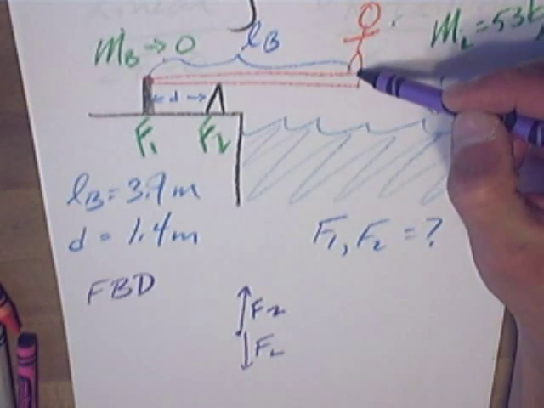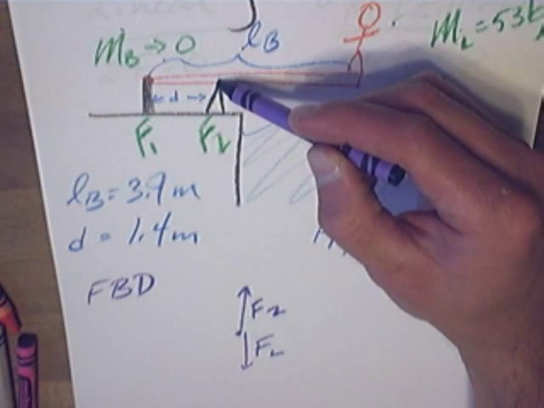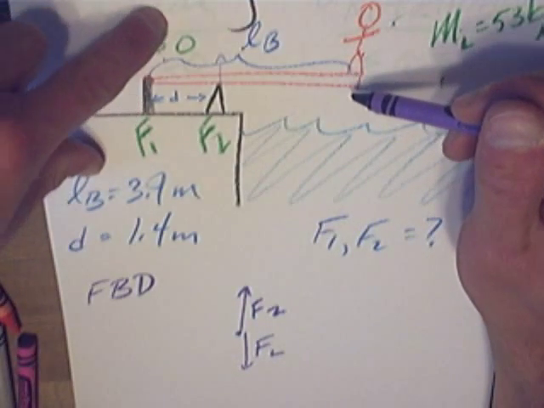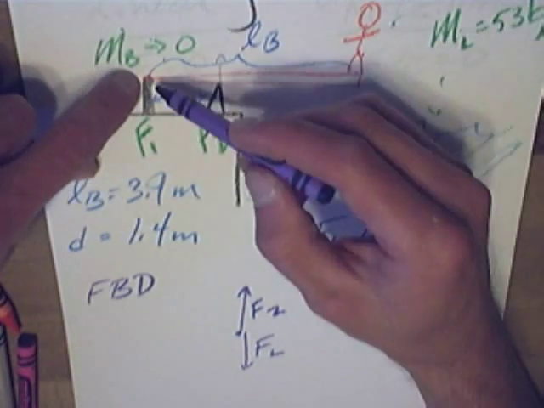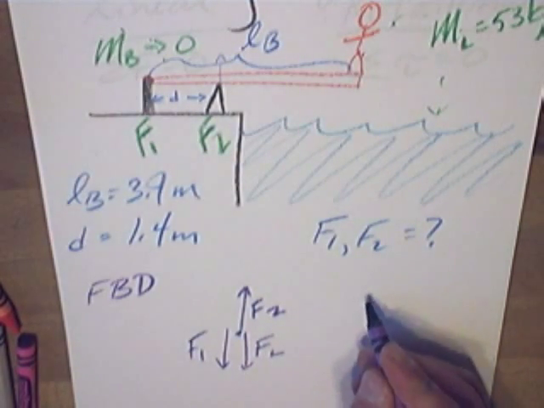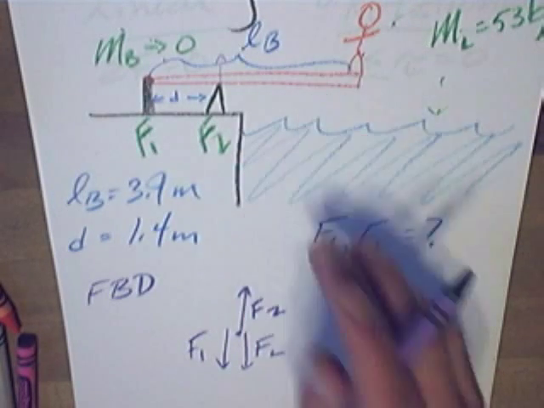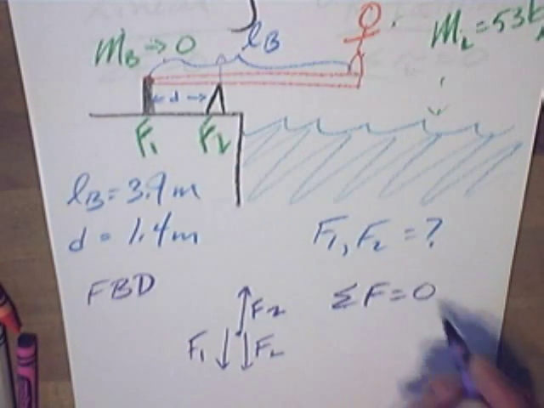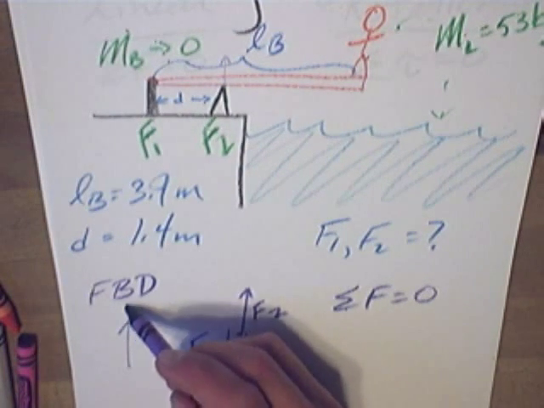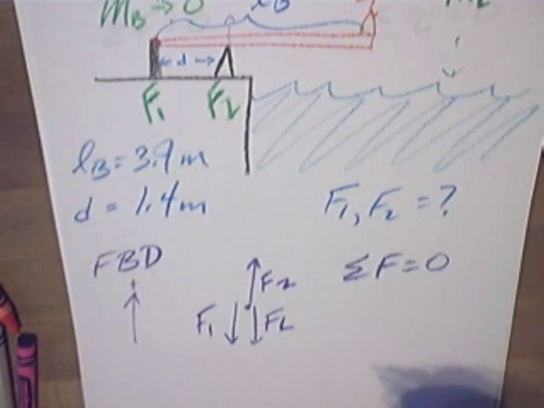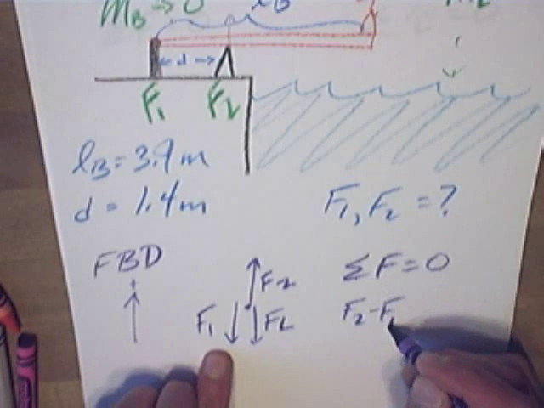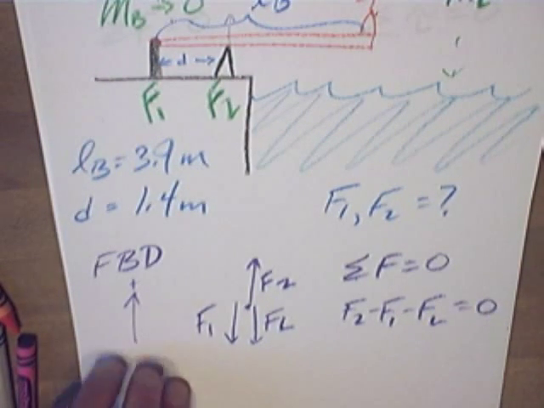When I jump, the board's being pushed up right here, but if I don't jump, the board's going to want to flip around. So I'm going to say this one's pointing down as well, F1. The board is not accelerating up or down, so the sum of these forces has to equal 0. We'll make up positive. So F2 minus F1 minus the force of Lubbs has to equal 0.